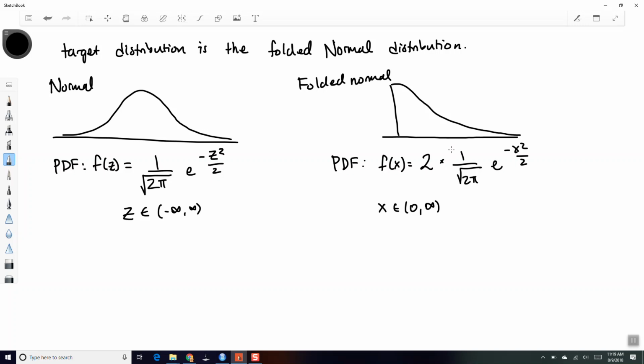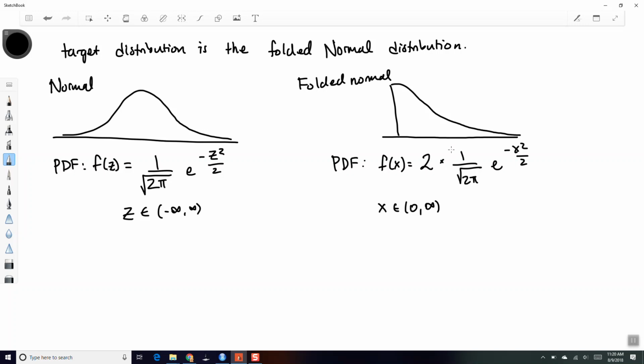A uniform proposal distribution will not work because it would require us to generate values uniformly between 0 and infinity, which is not possible because that means we would propose the value 1 just as often as we would propose the value 10 to the billion power, just as often as an even bigger number, okay?